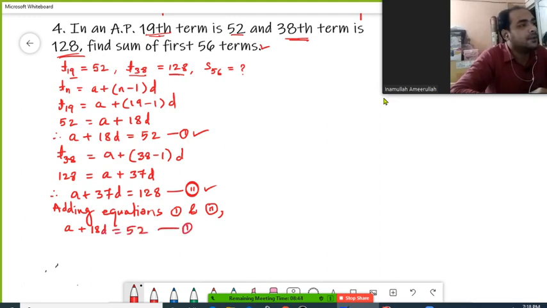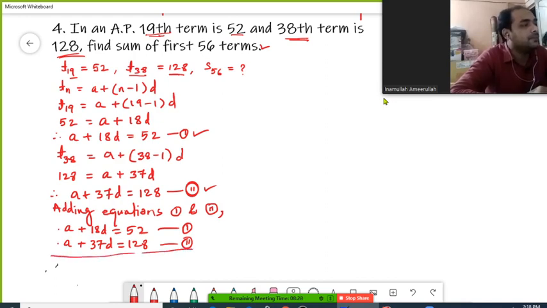This is my equation number 1. And the second equation, A plus 37D equals 128. We're going to add these two equations.